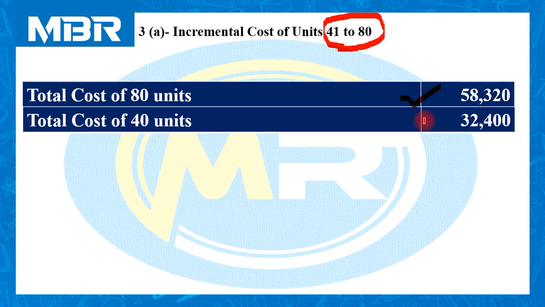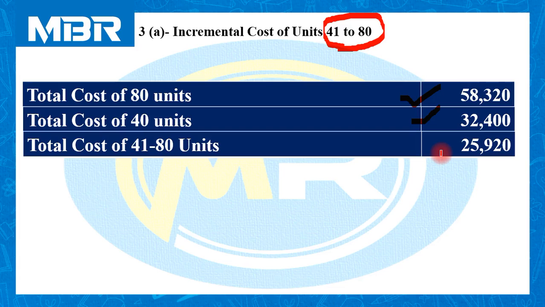Then the total cost of 40 units we have completed in the earlier statement. It was 32,400. So it is very simple to understand that for the purpose of making 40 units, the cost is 32,400, and for the purpose of making 80 units, the cost is 58,320.